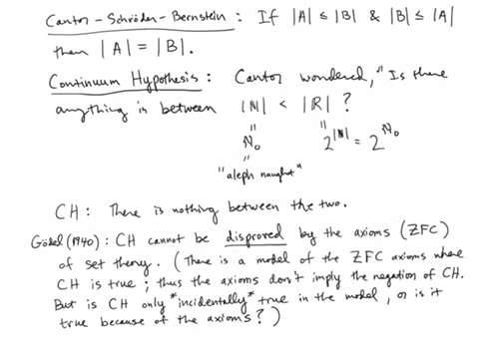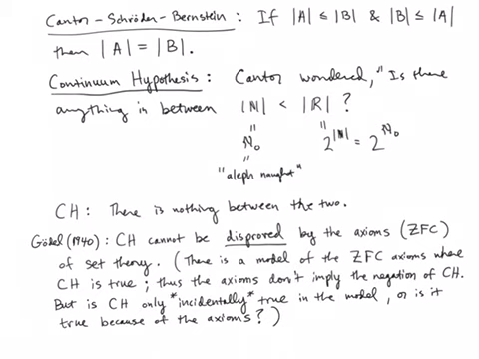The first big contribution to the continuum hypothesis was by Gödel in 1940, who showed that it cannot be disproved by the Zermelo-Fraenkel plus choice axioms for set theory, the generally accepted axioms of set theory. The way to think about this is that he constructed a mathematical model of the axioms, some model that satisfied all the axioms where the continuum hypothesis is true. So this means that the axioms don't imply the negation of the continuum hypothesis, right?